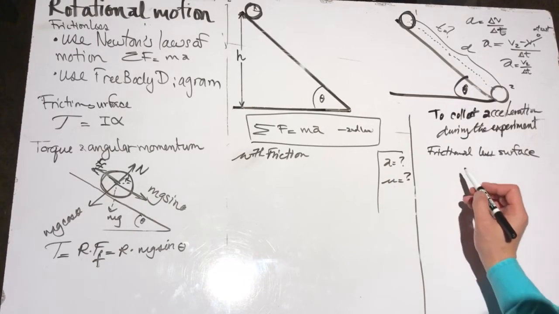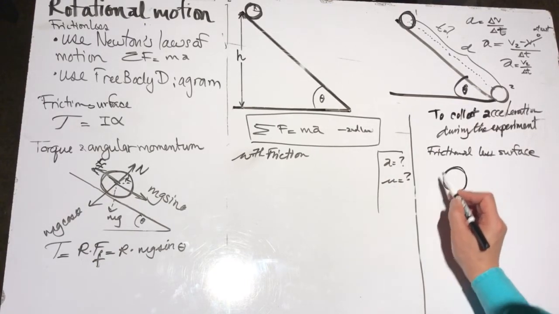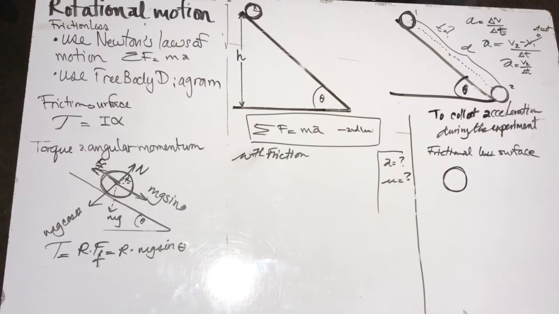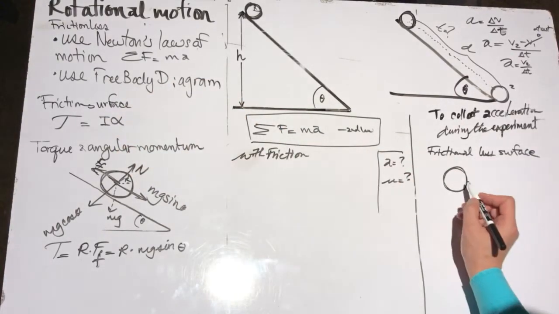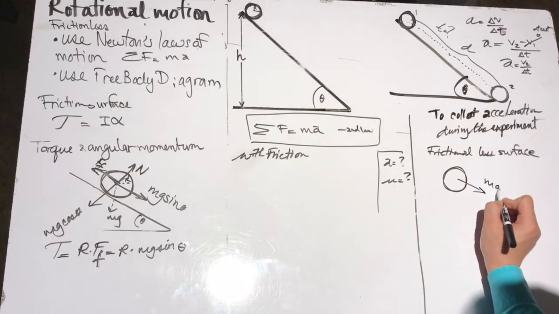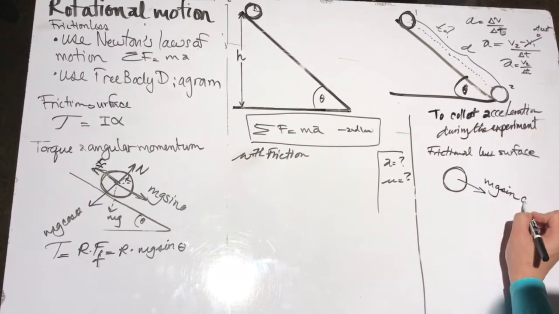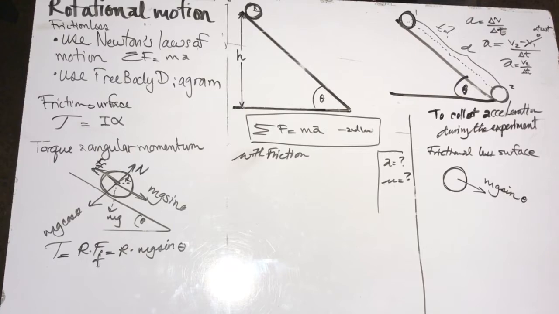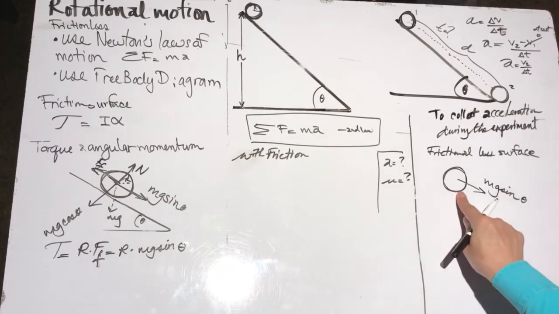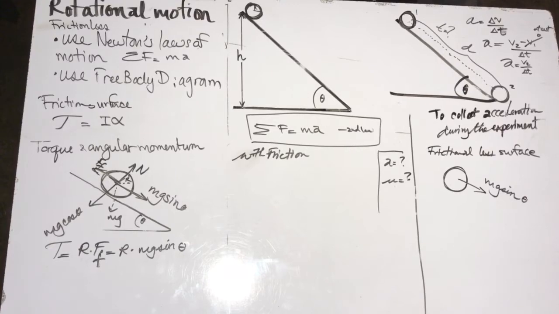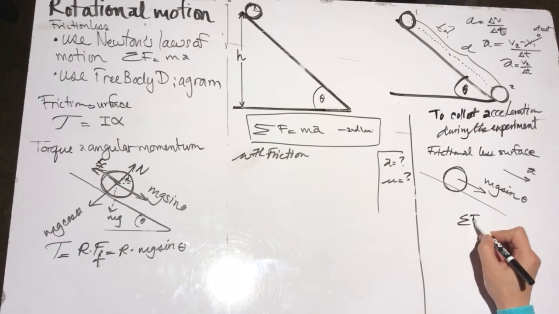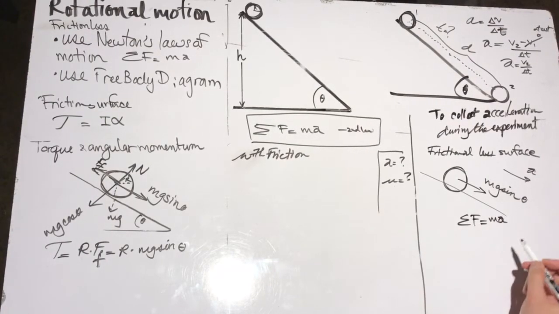Frictionless surface. Let's go ahead and draw a free body diagram. So we use Newton's law of motion. Now we're going to follow the free body diagram. It's going to be mg sin of the angle only. That's the only force acting upon that mass in that direction. So we know that there is an acceleration for sure going down the ramp. So sigma F is equal to mass times acceleration.